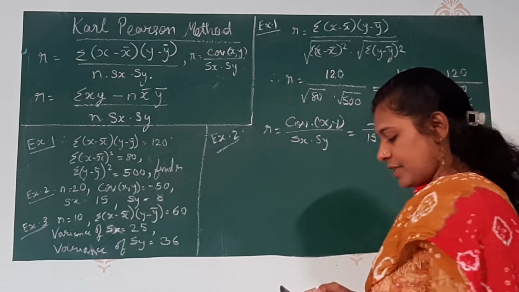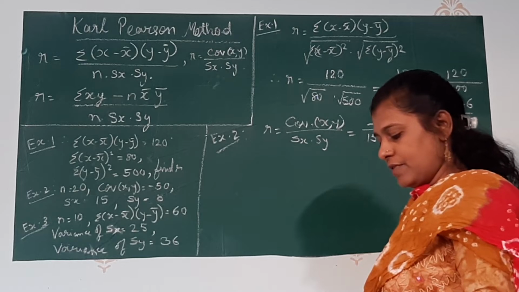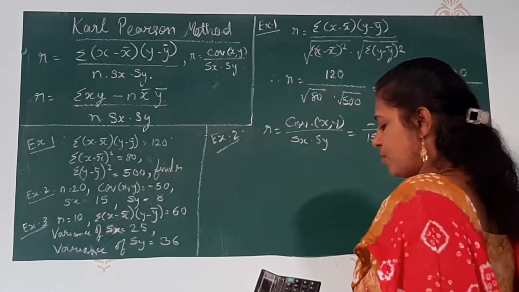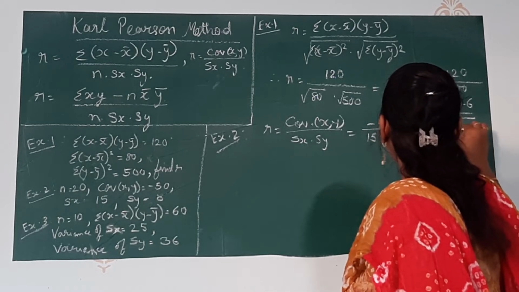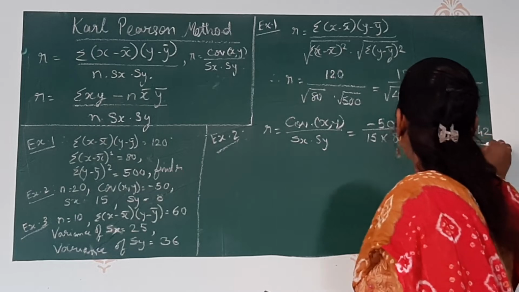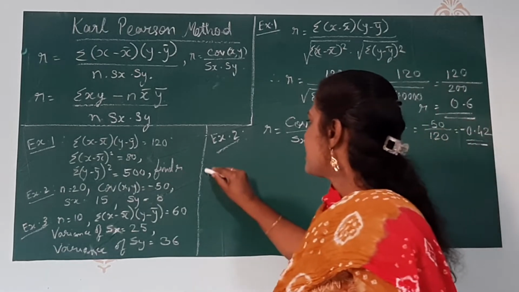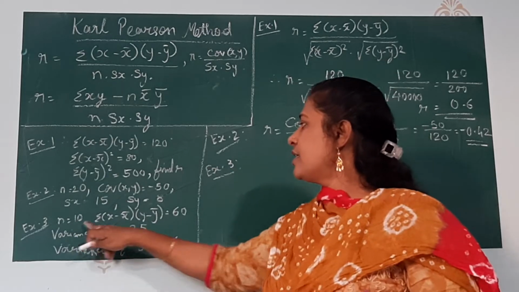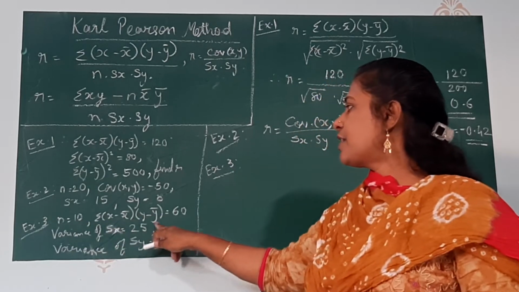The final answer will be minus 50 divided by 120, that is 0.416. So I'll write minus 0.42. Final answer.